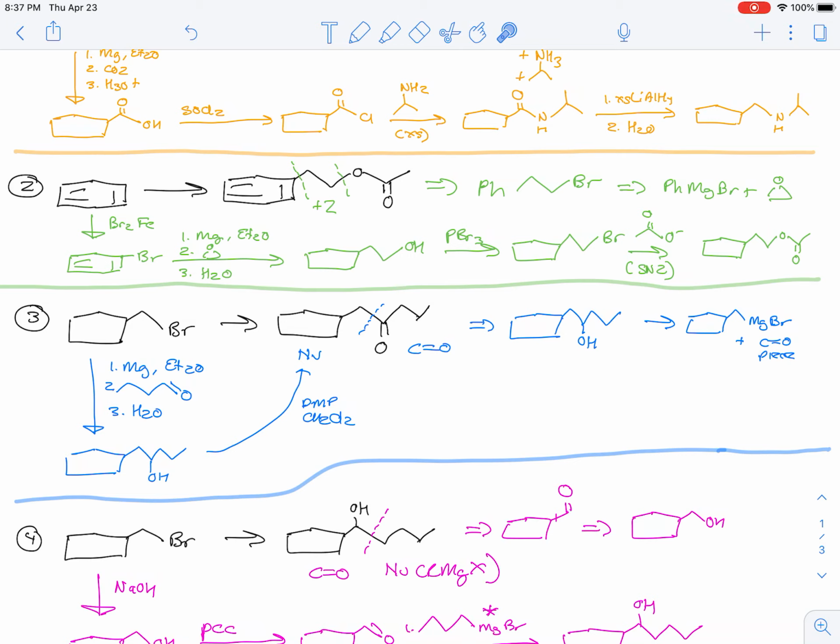And at this point, we have 2 options. We could actually take this alcohol and react it with acetyl chloride and make this ester. Just for the purposes of demonstration as much as anything, I chose to use this other way of making an ester so you could see it.